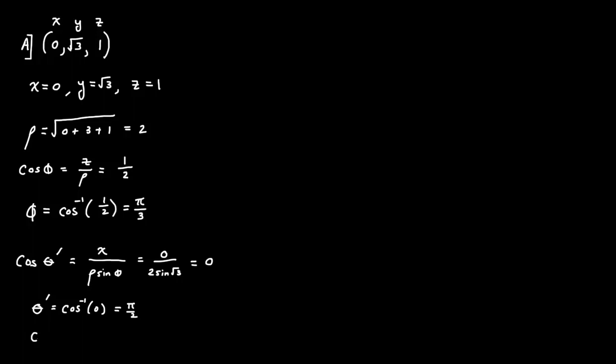And so now theta itself, see, x is 0, y is radical 3, so we're on the y-axis. So if you visualize that, you would say, oh, the theta that we desire actually is the same as our theta prime, which is pi over 2. And so that point converts to the point (2, pi over 2, pi over 3) in rho, theta, phi.